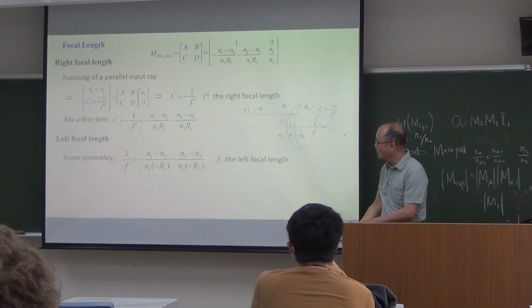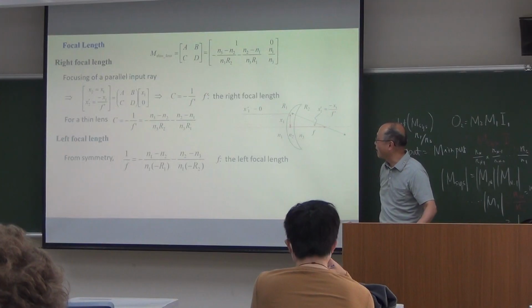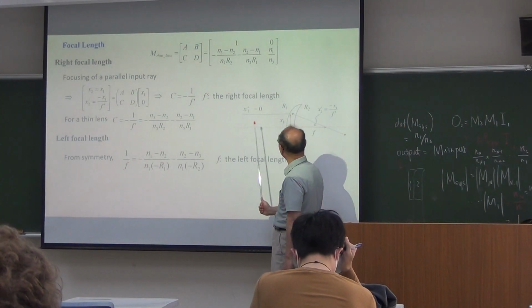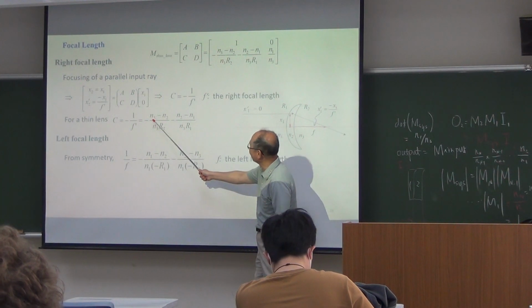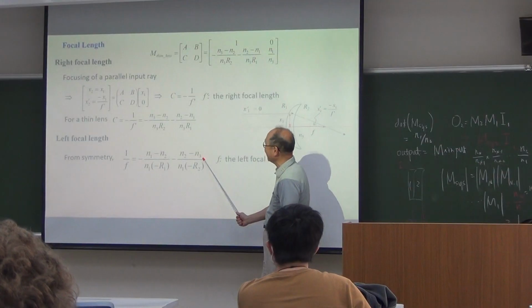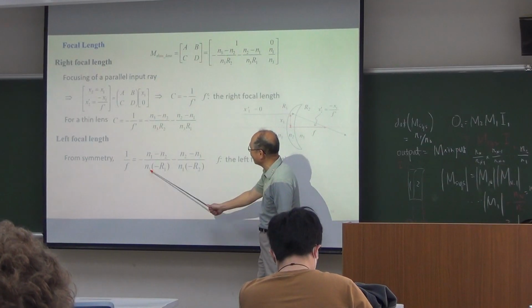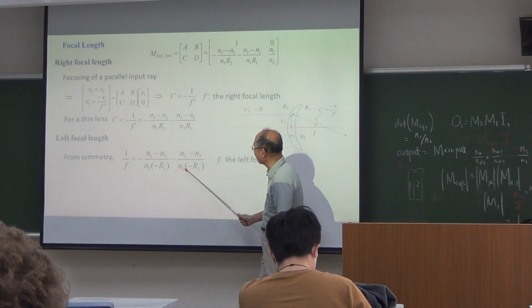Okay, so let's do it. If I want to figure out the left focal length, then I will basically just change the order of N1, N3. Previously it's N3, N1. Now I change it to N1, N3, so N3 is replaced with N1.